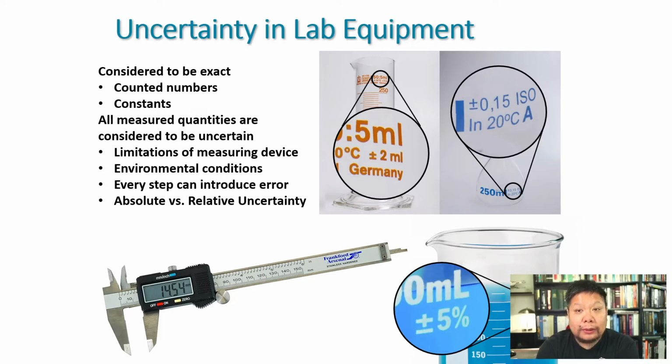And so you need to be able to decide which glassware, or any equipment for that matter, is appropriate for the job you want to do. So if you're, for example, just making a buffer, where volume really isn't that important, then you can use a graduated cylinder.